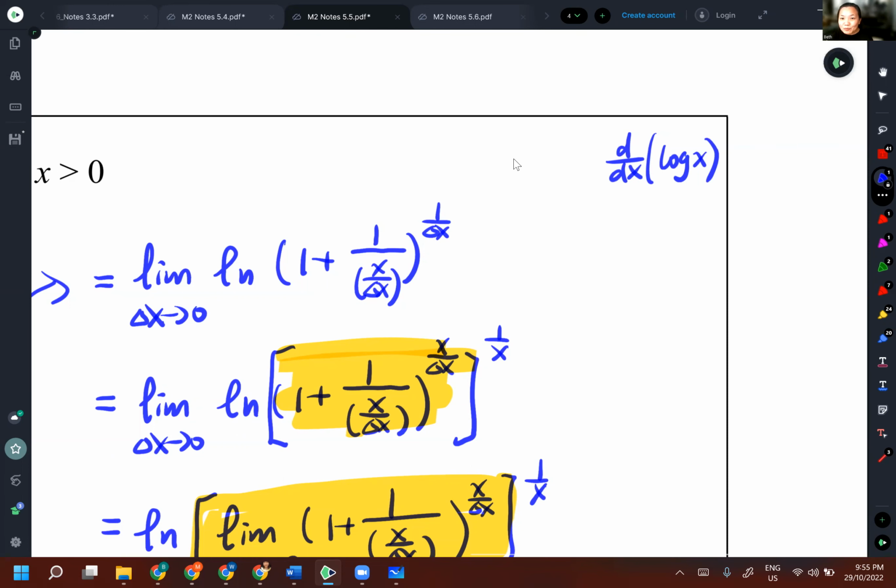Iris, what do you say? Just use the log property to change the base. Can you tell me how to?